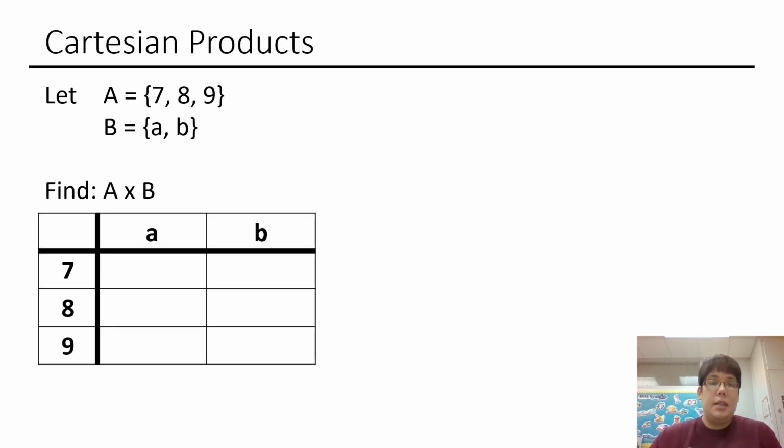Now, I like to set this up in a table format. Whatever is my first set, I will put along the vertical part of my table, and whatever is set B, I put along the horizontal top part. And then I'm going to do all of my products in here. And so let's see how they look.